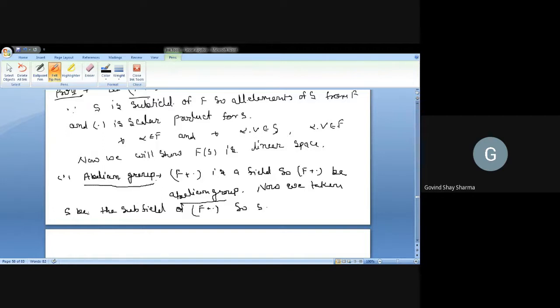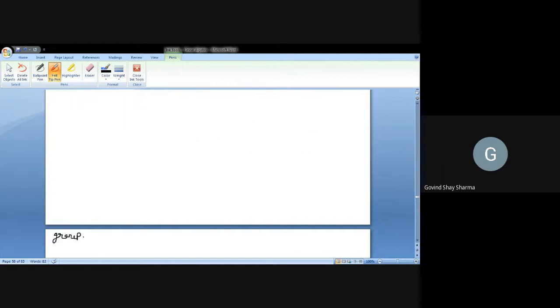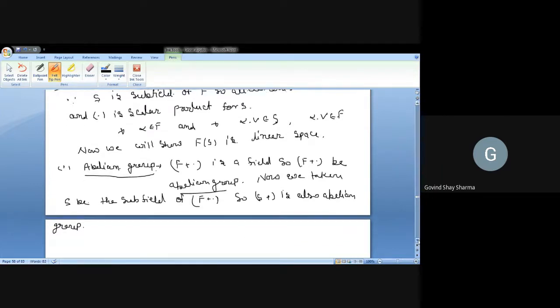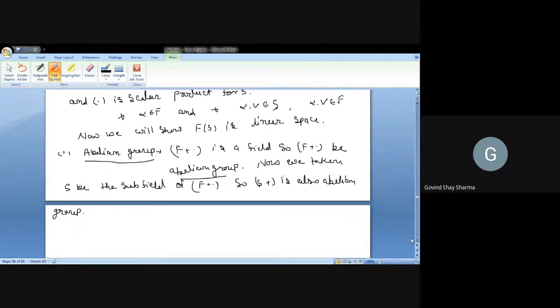So S plus is also abelian because, given that S is a subfield, it follows all the properties of an abelian group.